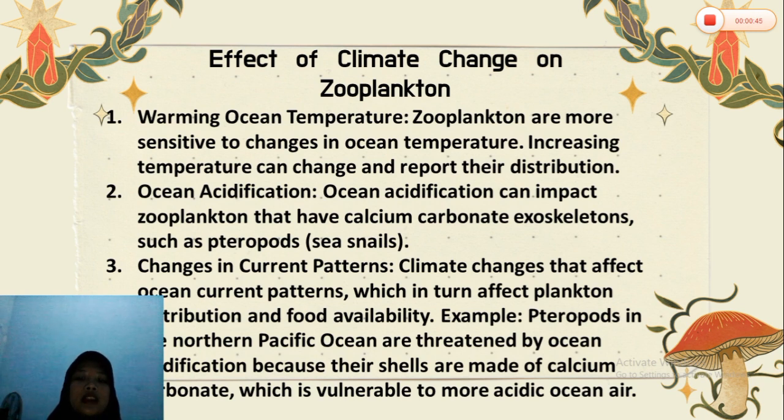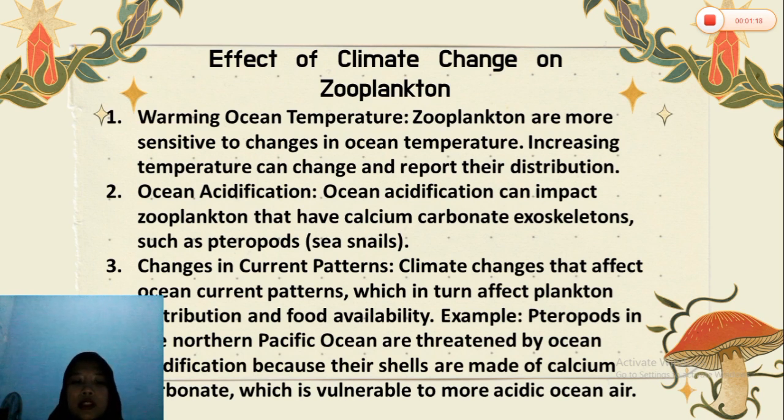Ocean acidification can impact zooplankton that have calcium carbonate exoskeletons, such as pteropods, cyanines. Number three, change in current patterns. Climate change can affect ocean current patterns, which in turn affect plankton distribution and food availability.